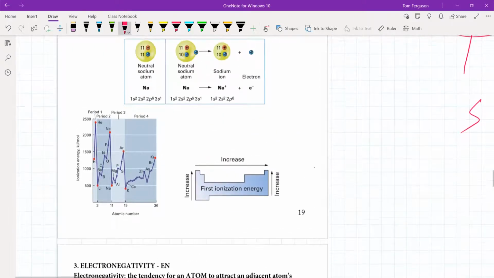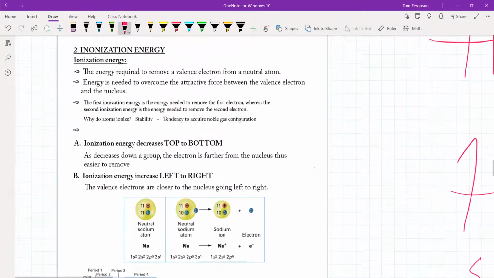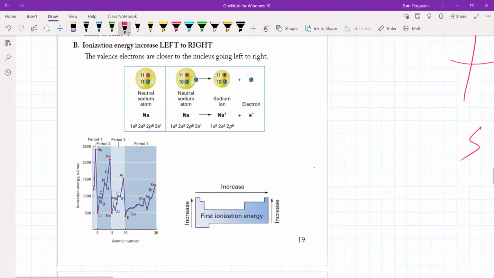One we haven't talked about is ionization energy. The first ionization energy is the energy it takes to pull off the outermost electron.